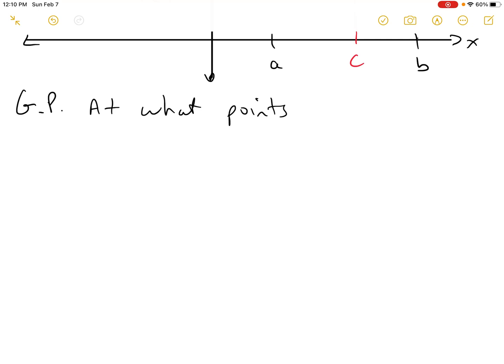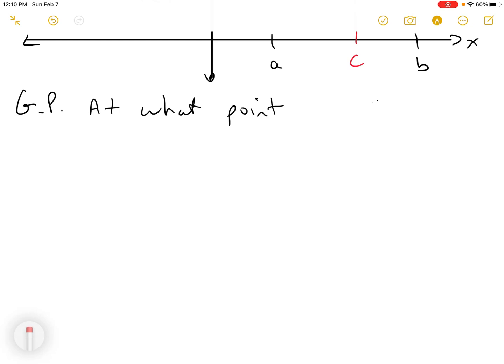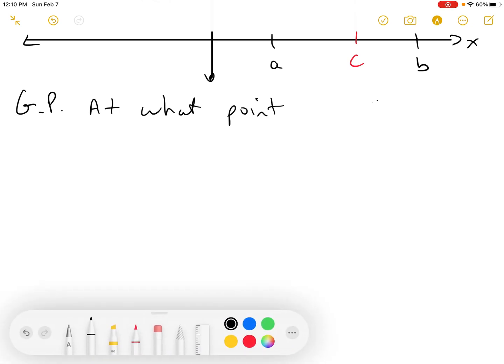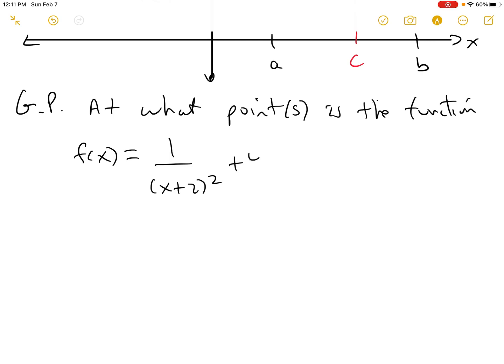So, it says at what point or points is the function f of x equals one over (x plus 2) squared plus 4 continuous.